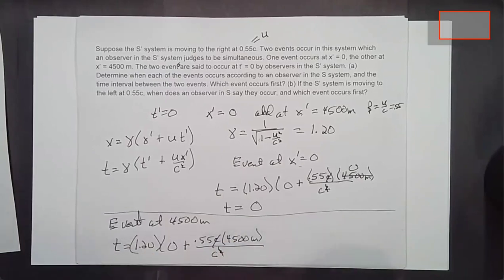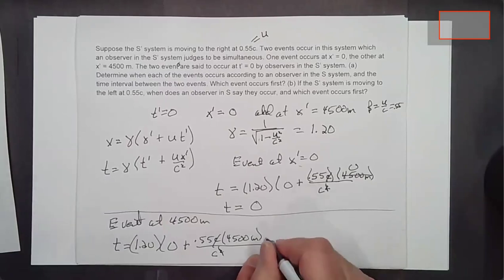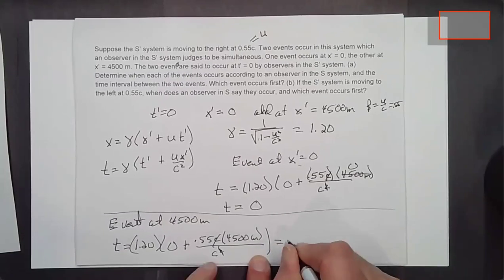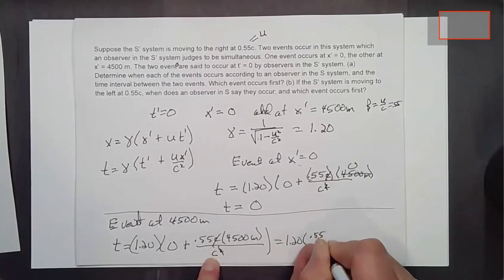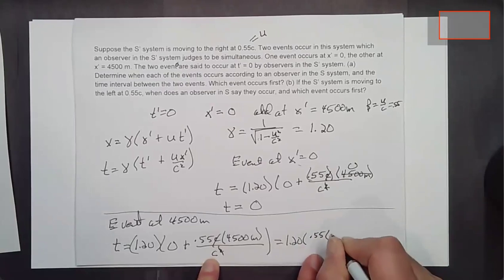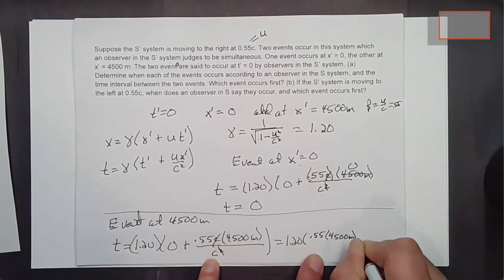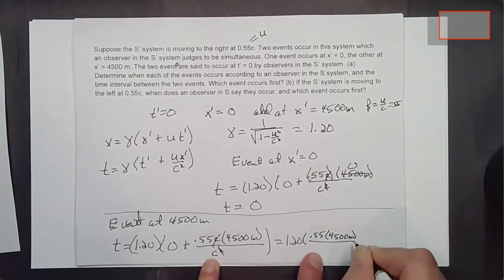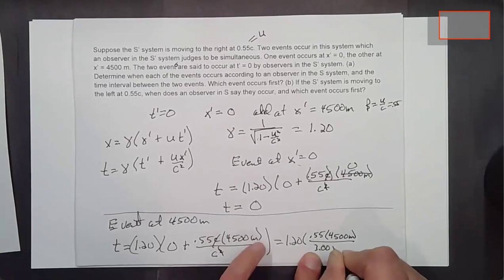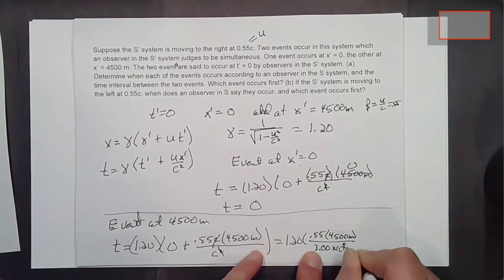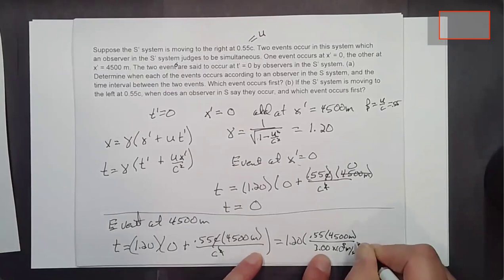Okay, so now I can try to figure this thing out correctly. And I'll actually end up with 1.20 times 0.55, a dimensionless quantity, times 4,500 meters divided by the speed of light, 3.00 times 10 to the 8th meters per second.